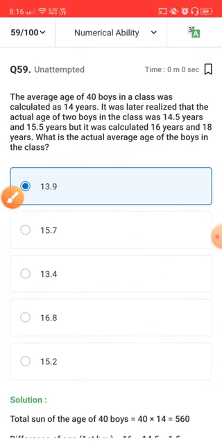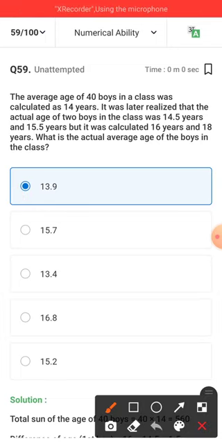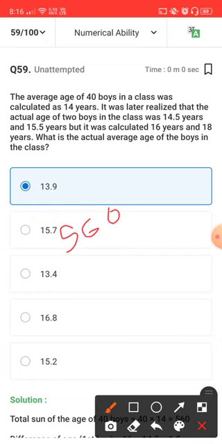Then next, the average age of 40 boys in a class was calculated as 14 years. So basically this total sum is 560. It is later realized that the actual ages of 2 boys in the class were 14 and 15, but they were calculated as 16 years and 18 years. So what is the difference they made in the total? 14 plus 15 is 29, but they calculated 16 plus 18, that is 34.